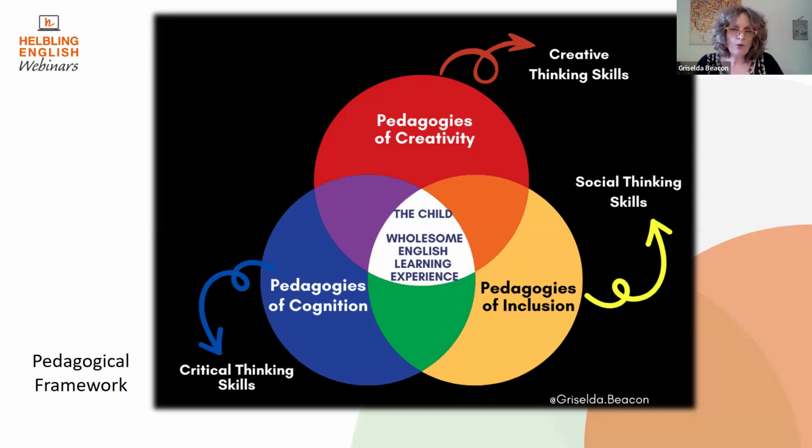Now, we also need pedagogies of inclusion because we are working with the whole child, right? And education is not only the specificity of our subject, but also the learner and whatever the learner learns at school. And we are part of that. So when we think of social thinking skills, we think of helping children through stories. This is something that is so easy to do, right?